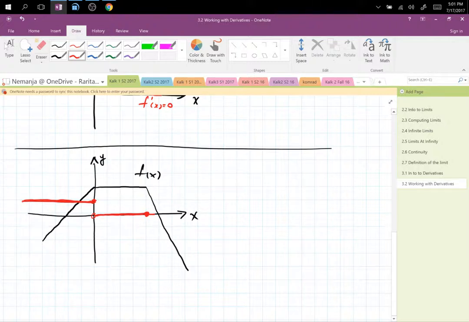And how about for the rest? -2. Why is it -2? The slope of the third piece is -2. So you see that it's a slope. Now, didn't we describe the derivative to be the slope of the tangent line?